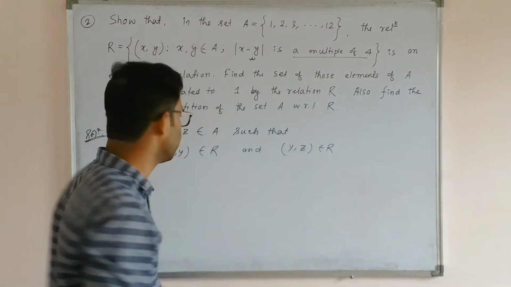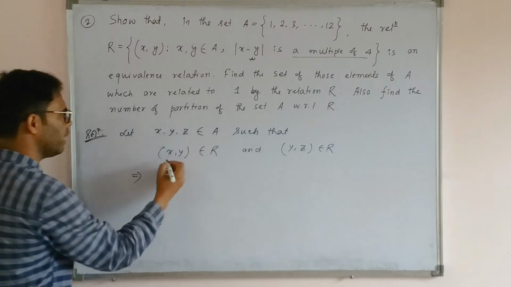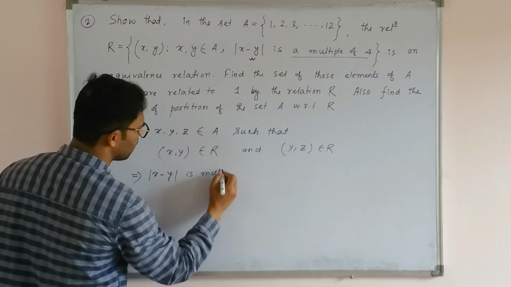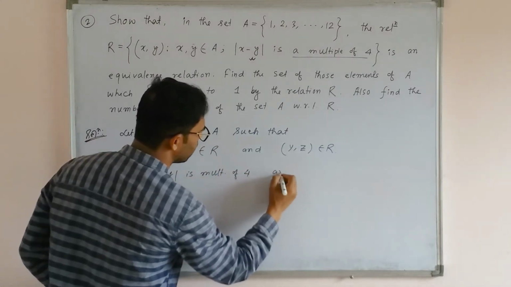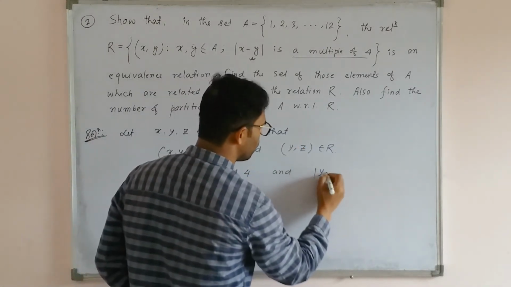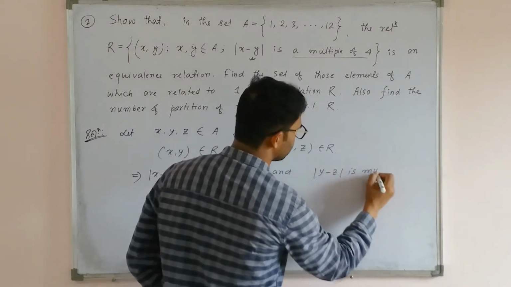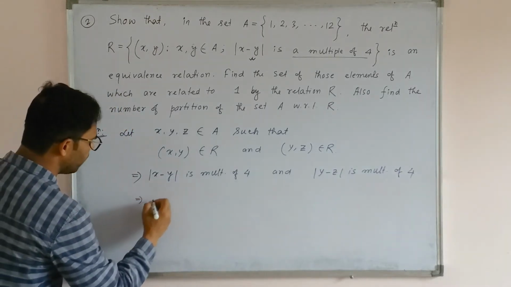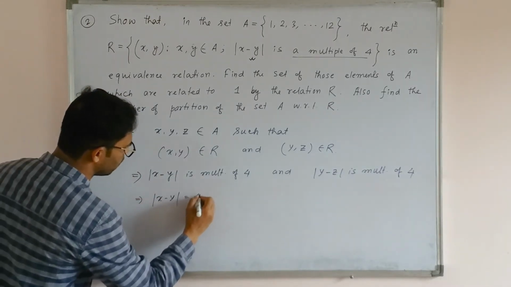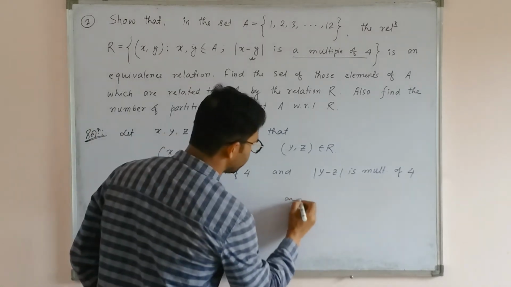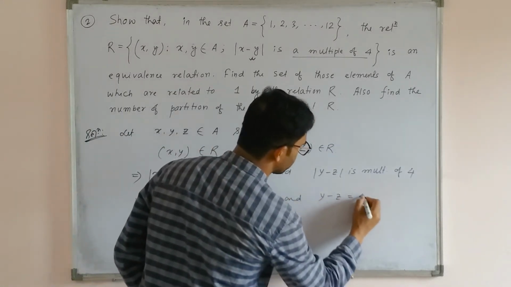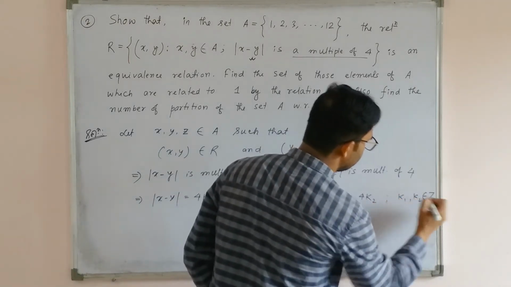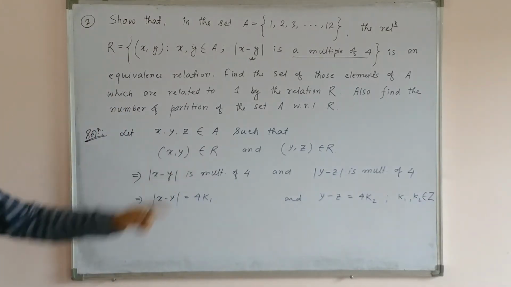সেইটো আছে নাই চাব. So consequence বিলাক লিখি দিবা, xy belongs to R means mod of x minus y is a multiple of 4, and from here mod of y minus z is a multiple of 4. গতিকে দুটাই মই লিখি ললো. So multiple of 4 means mod of x minus y is actually 4k1 type, and y minus z is also 4k2 type, where k1, k2 are positive integers.